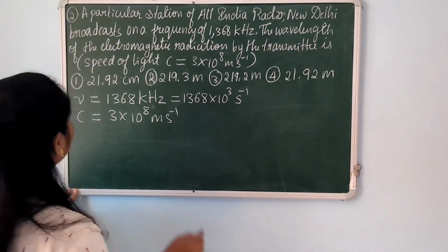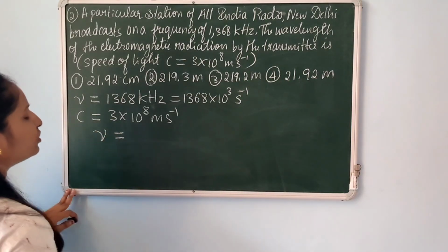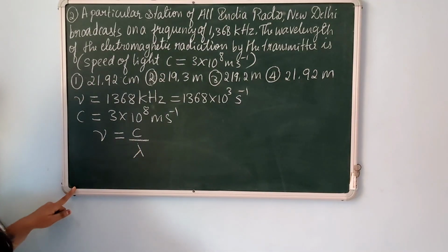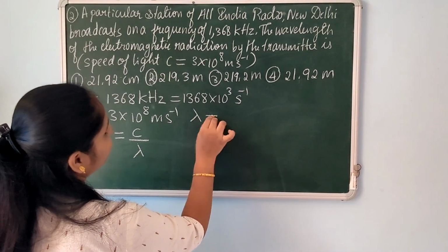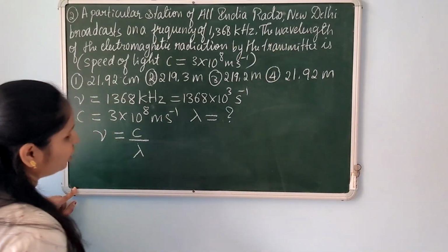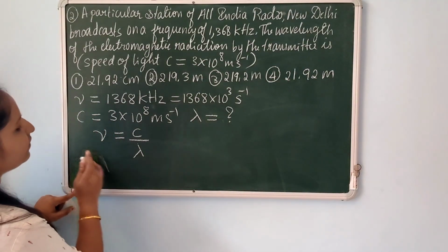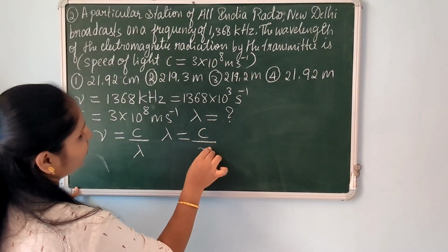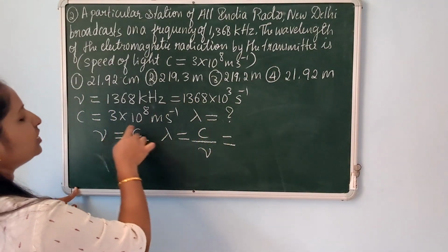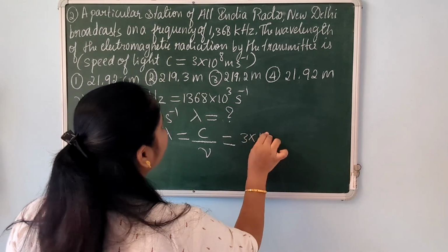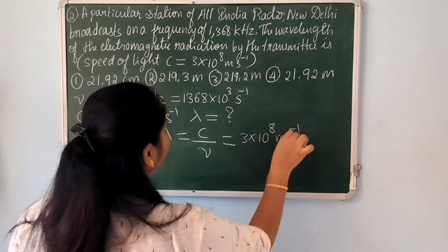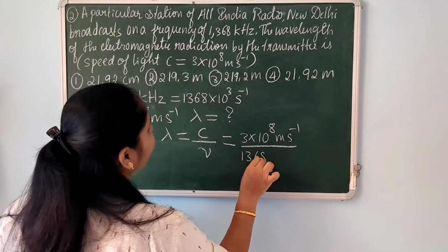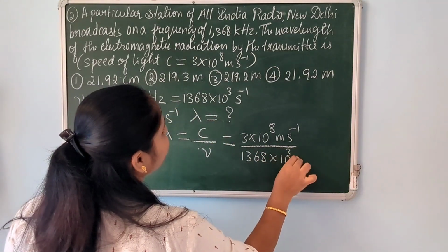We know the formula: nu is equal to c by lambda. But what has been asked is lambda, the wavelength. So lambda is equal to c by nu. Here c is 3 into 10 to the power 8 meter per second, and nu is 1368 into 10 to the power 3 per second.